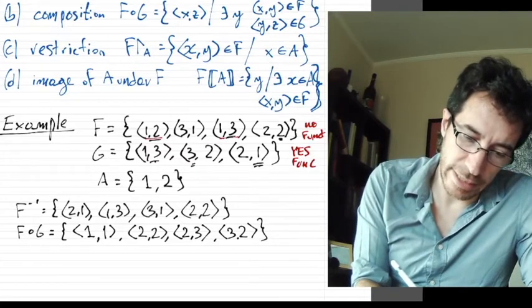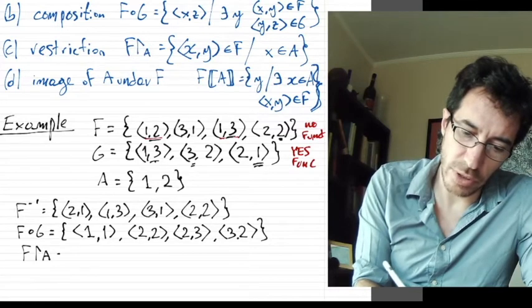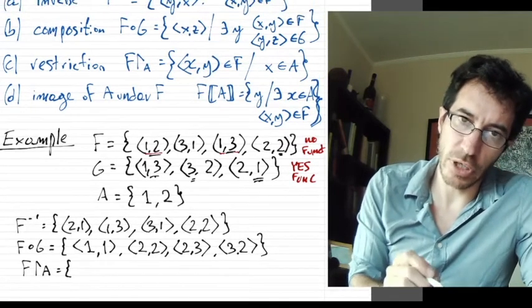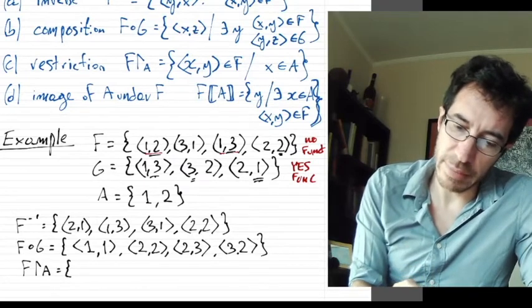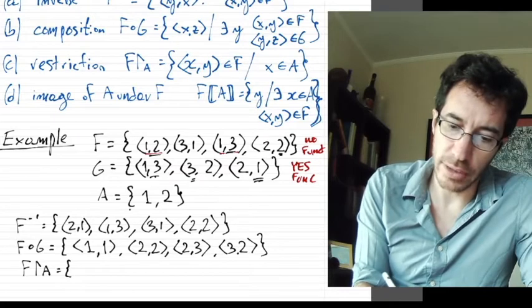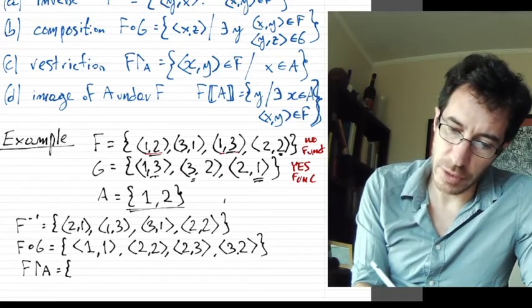What about F restricted to A? That means we only consider the part of F where the first element belongs to A. A is the set with elements 1 and 2. So where are these 1 and 2 going?